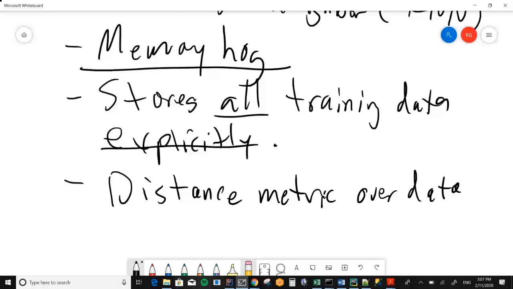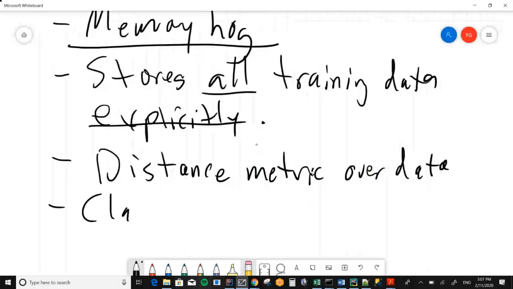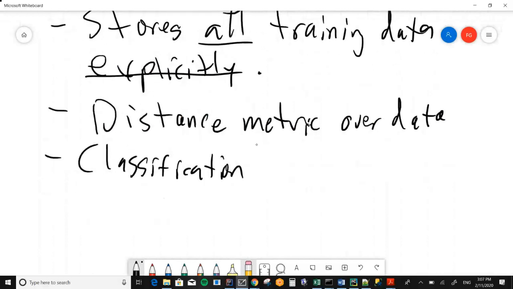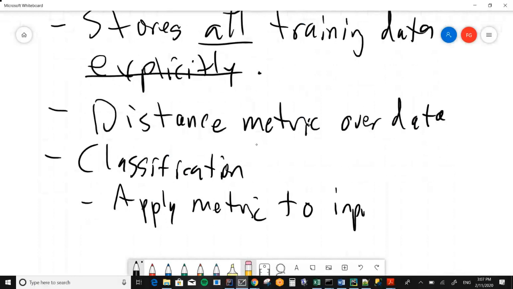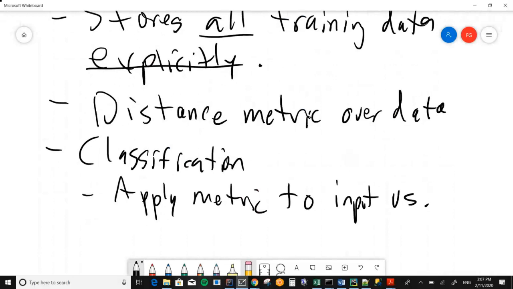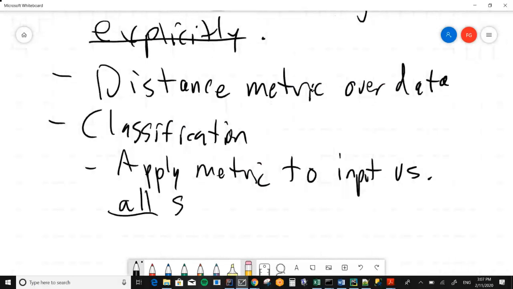But given that a distance metric exists, the way we do a classification is apply that metric to our input versus all stored data. If that sounds like an expensive operation, that's because it is. Okay? So you've got to calculate a distance between your target input and all of the stored data.